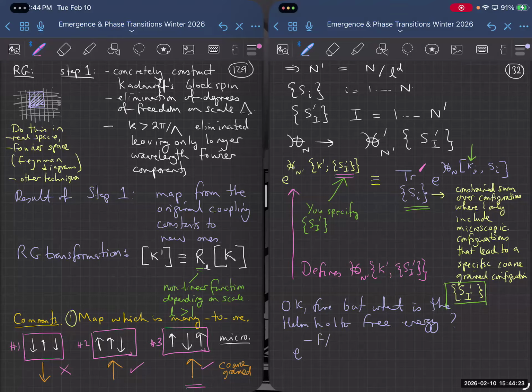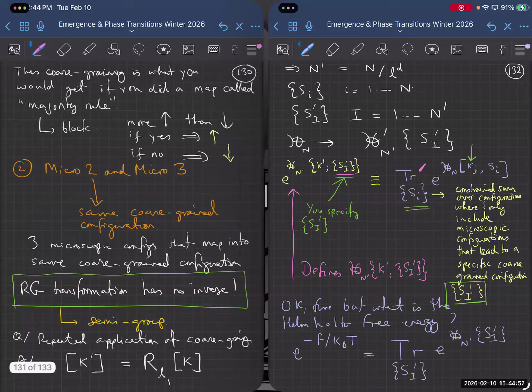If I want to get e to the minus f over kbt, all I have to do is take the trace over my new degrees of freedom, SI prime, of my new effective Hamiltonian, H prime, as a function of its coarse-grained degrees of freedom. So that will give me the free energy, and now I have to do the trace over the coarse-grained degrees of freedom. So that's this multi-scale picture of what we are doing.